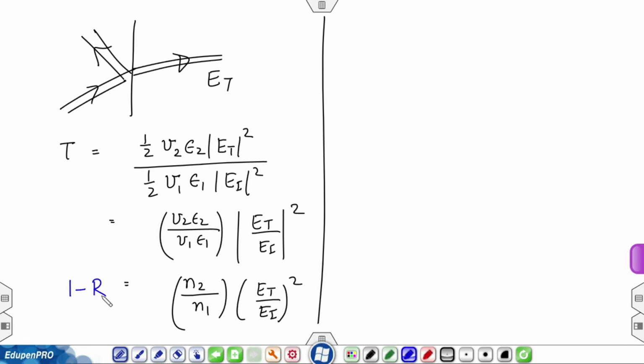So, either I can calculate r and subtract from 1, or I could do an explicit calculation.